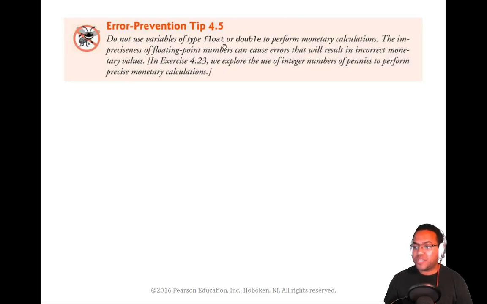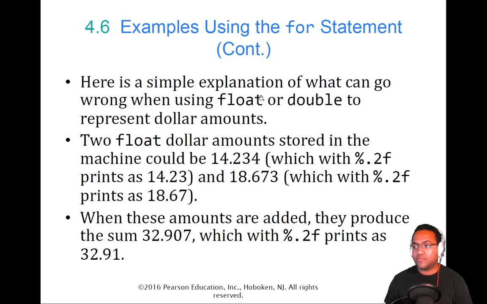Do not use variables of type float or double to perform monetary calculations. The impreciseness of floating point numbers can cause errors. Logic errors, to be exact. Here's a simple explanation of what can go wrong when using float or double to represent dollar amounts. Two float dollar amounts stored in the machine could be 14.234, which prints 14.23, and 18.673, which prints 18.67.